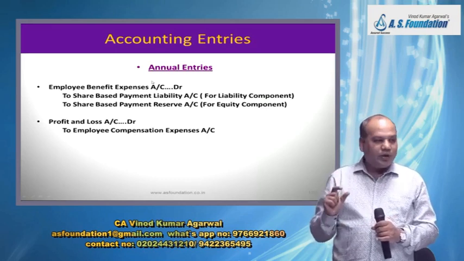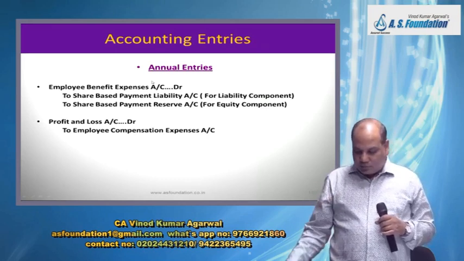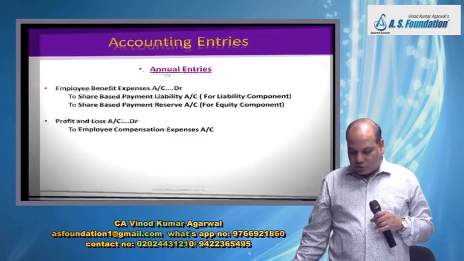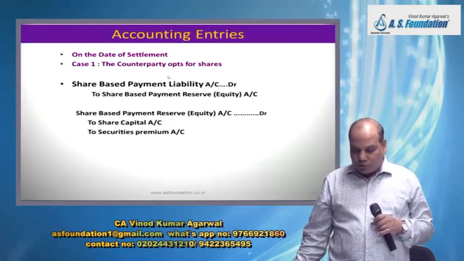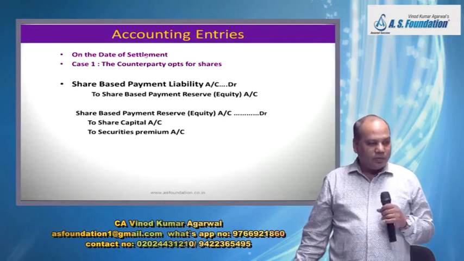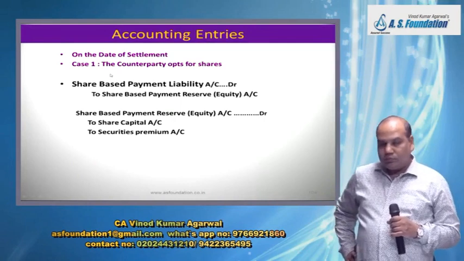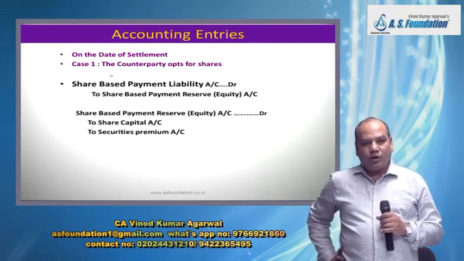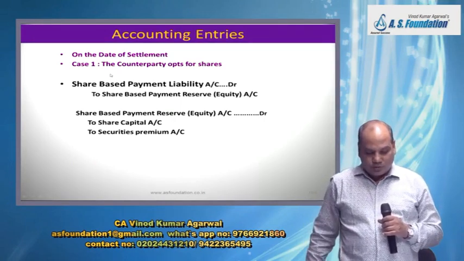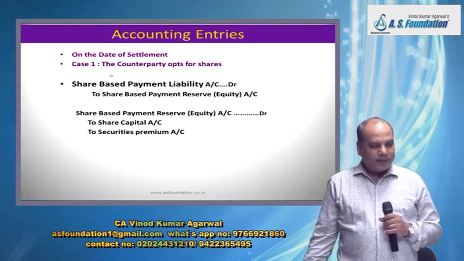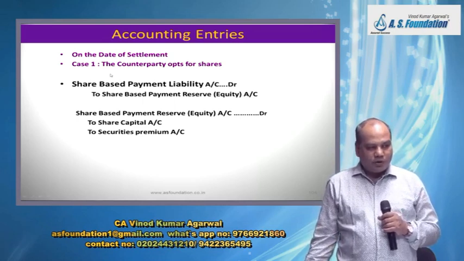Only in the year of settlement, the entry will be different because it depends on what is your choice. Now you write down below: on the date of settlement, case 1, counterparty opts for shares.